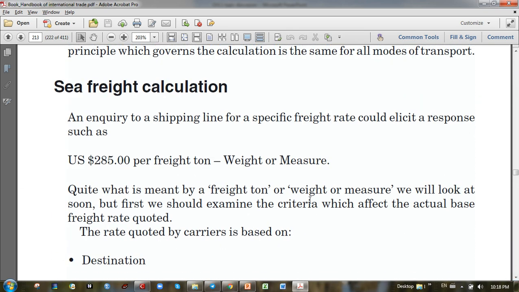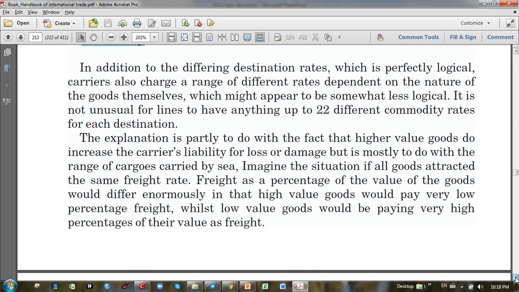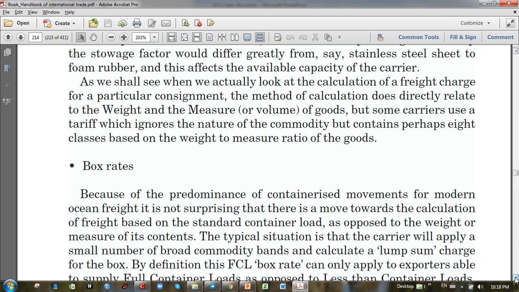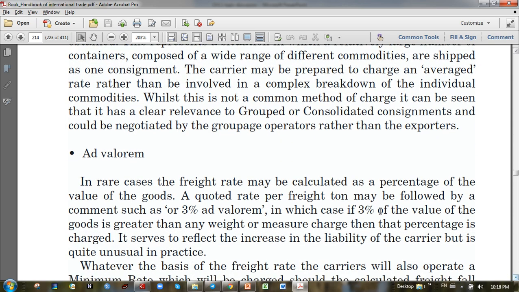This is an example: you can see destination, commodities. Commodity means product or merchandise. Box rates, what does box rate mean? I will hear from the presenter. Ad valorem, what does it mean?